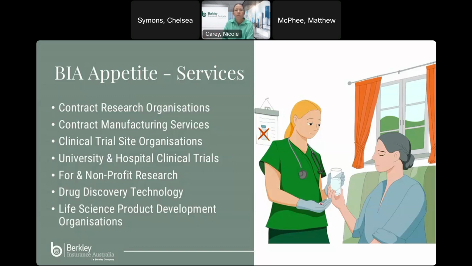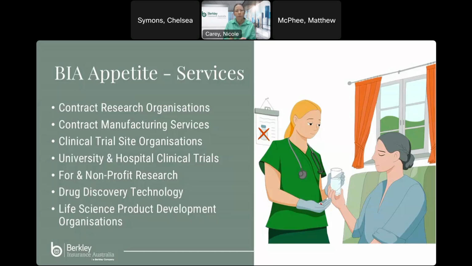Examples of the services they provide include preclinical testing, clinical trials management, clinical data management, data analysis. A CRO might provide all of these services to a pharmaceutical company, or they might just provide one or two of those services here and there.